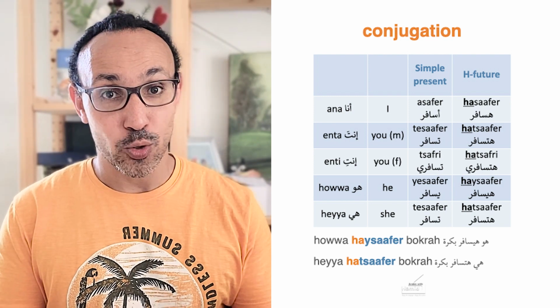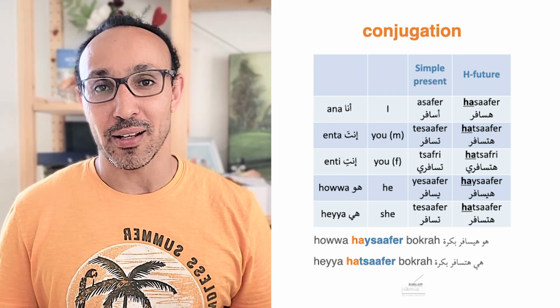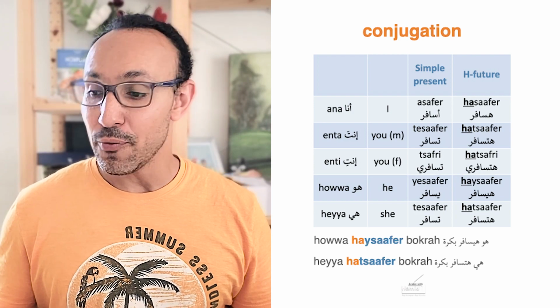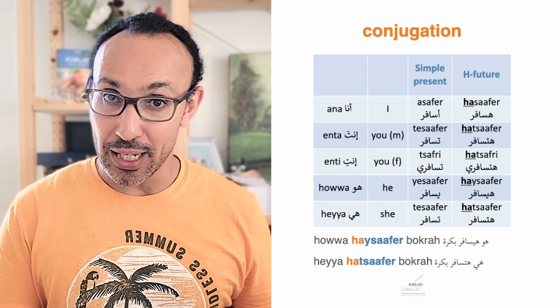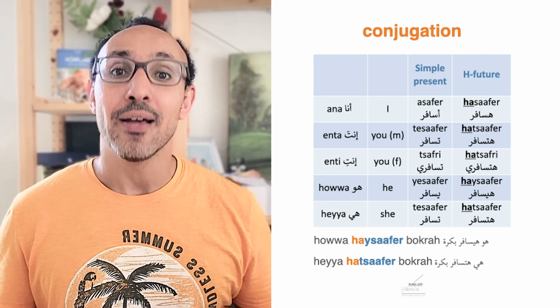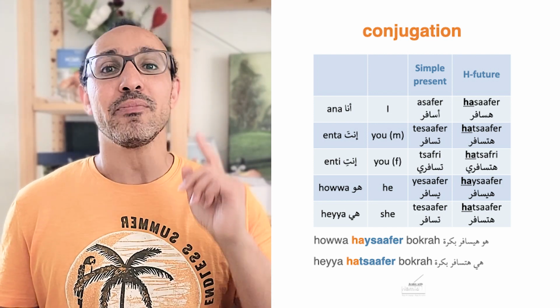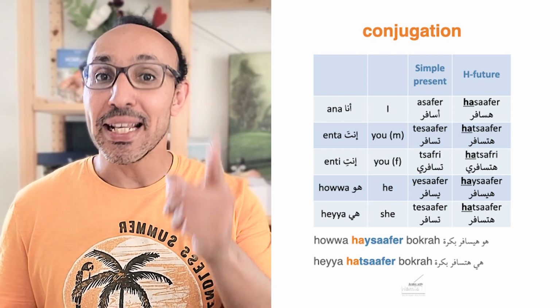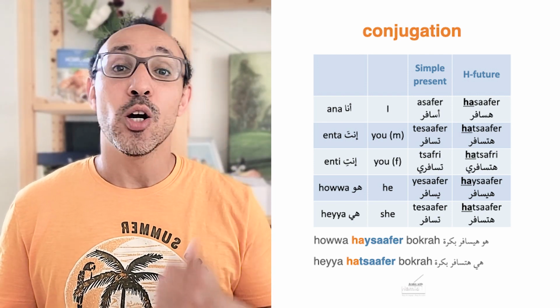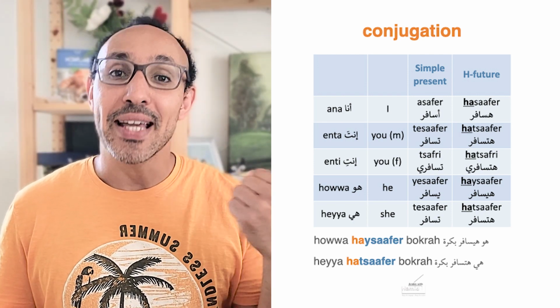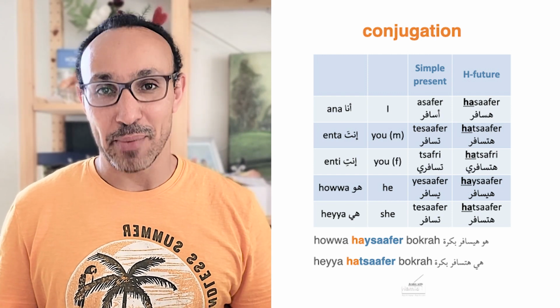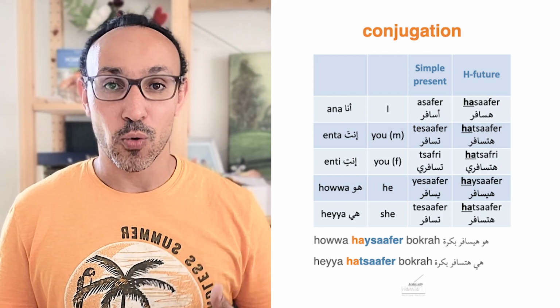And then we have also he or she. So he is هو and she is هي. Okay, he or she, هو or هي.